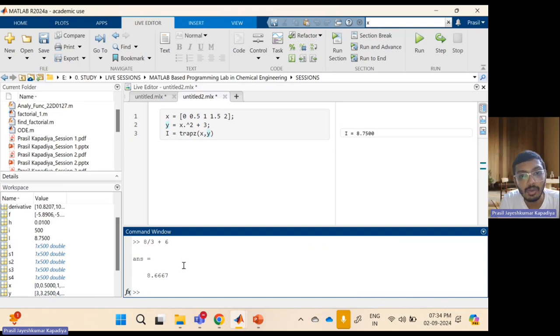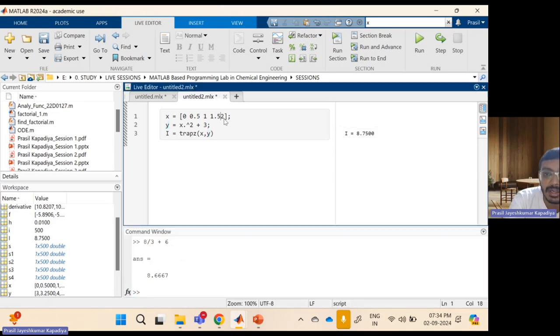So what we can do to get our exact value is reduce the step size. Instead of going in intervals of 0.5, let's go in intervals of 0.1 and see what we are getting. See, we are getting a very close answer: 8.6667 actual value and 8.67 from our trapezoidal rule.